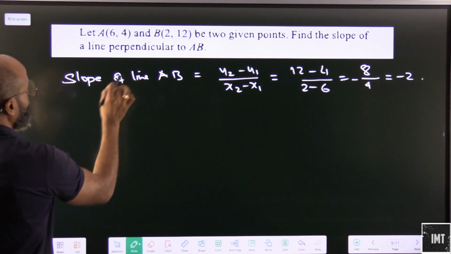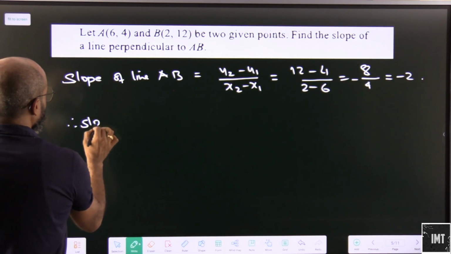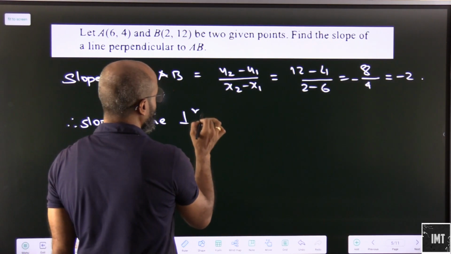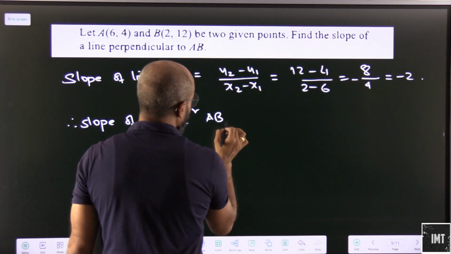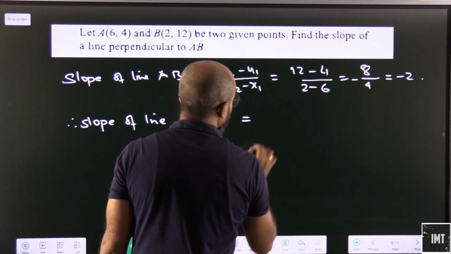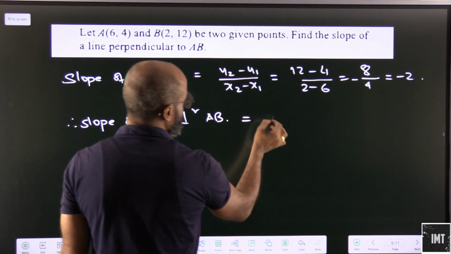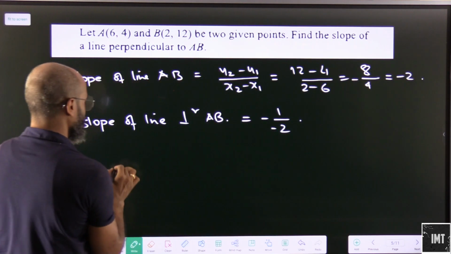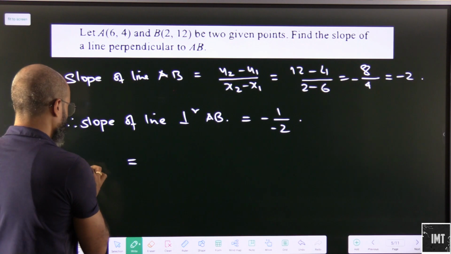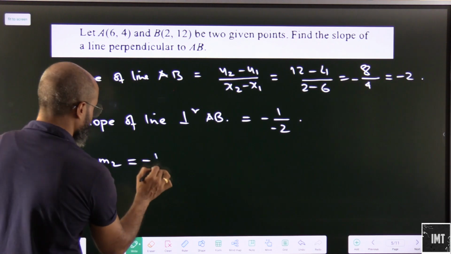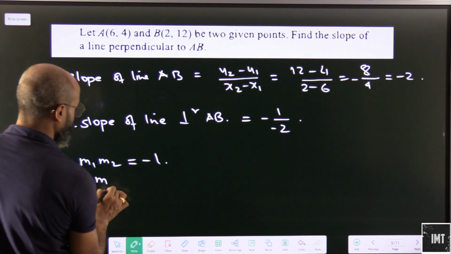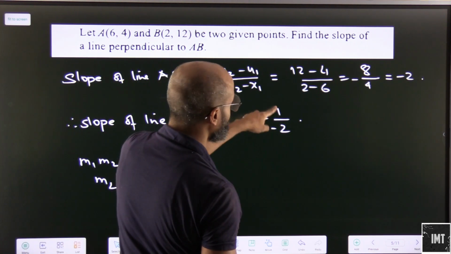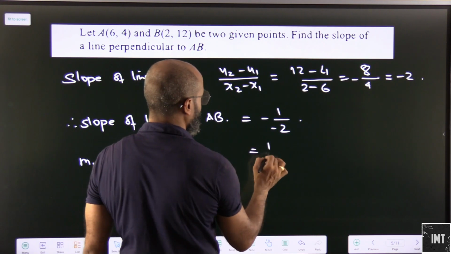Find the slope of a line perpendicular to AB. So therefore slope of line perpendicular to AB, that will be how much? We know that for two perpendicular slopes, m1 into m2 is -1, so m2 will be equal to -1 by m1, that is -1 by -2.